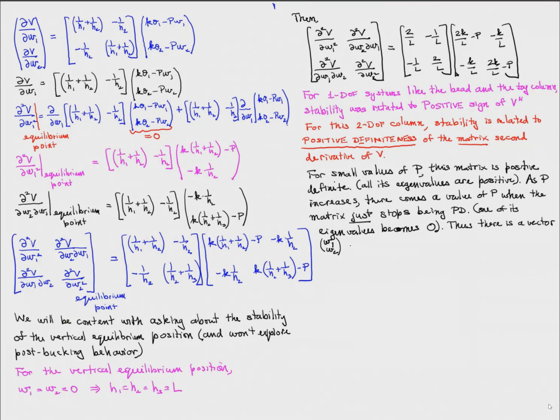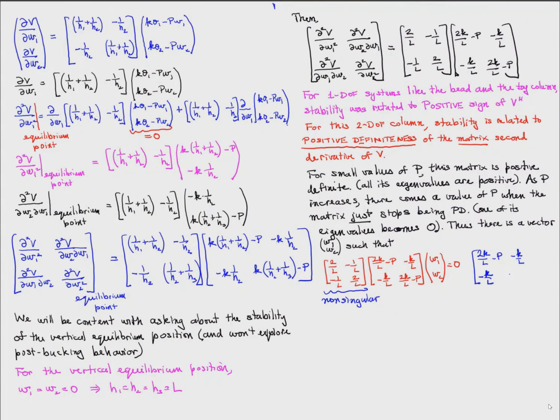There is a vector W1, W2, which if we multiply by the matrix gives 0, which means the matrix has 0 eigenvalue. Now, that pre-multiplying matrix is non-singular, which means this is the same condition as simply the second matrix times the vector is 0.